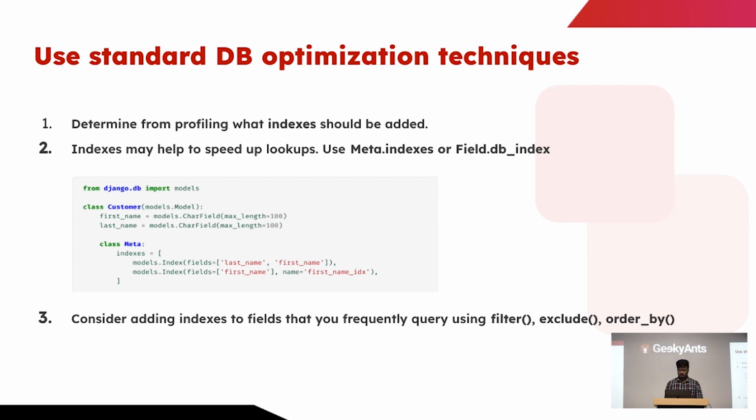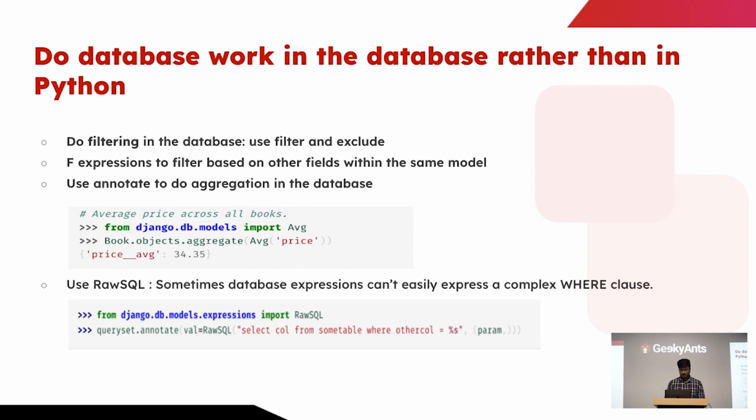In Django, filter, exclude or order by operations will have the query sets run upon a particular where clause. So whatever you're filtering by, you'll need to index those fields, those columns. The performance difference is massive. That is one of the simplest and most obvious things that you can do.